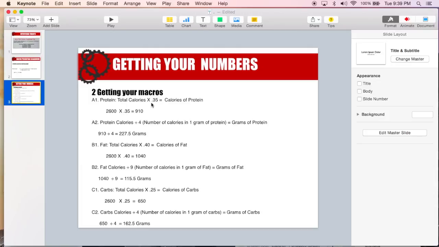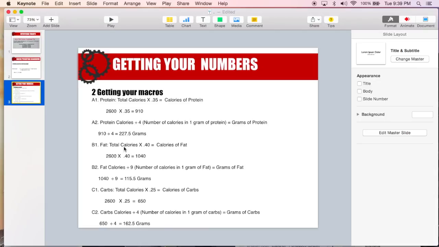So I multiplied my calories, 2,600 by 0.35. That led me to 910 total calories for my protein. Now I'm gonna divide 910 by 4, because there's 4 calories in a gram of protein, and this is gonna lead me to the amount of grams I need per day. That's 227.5 grams per day.